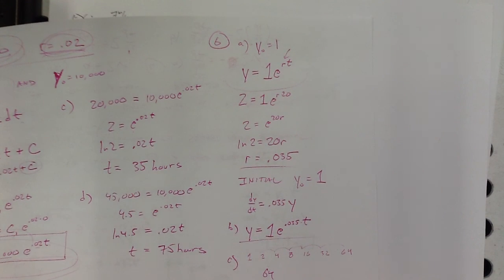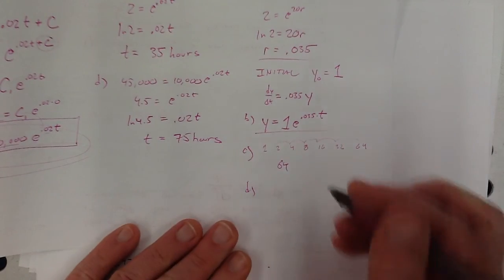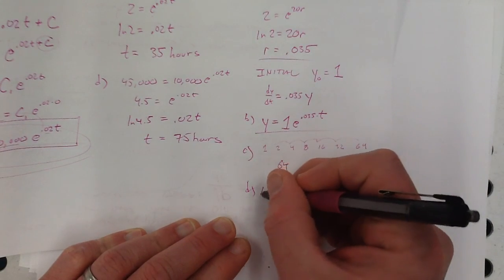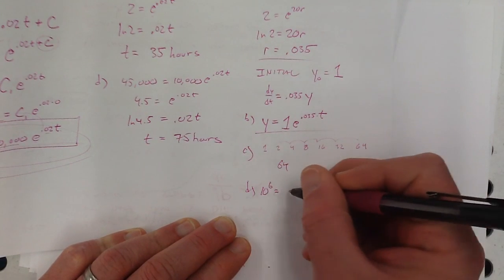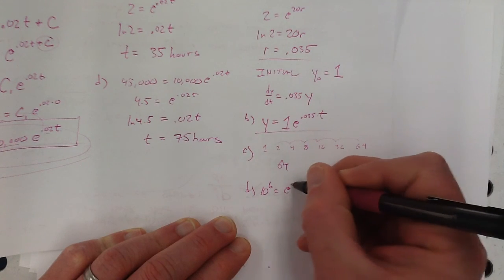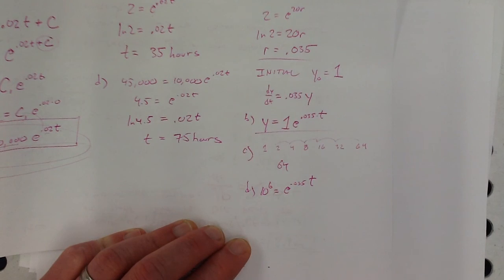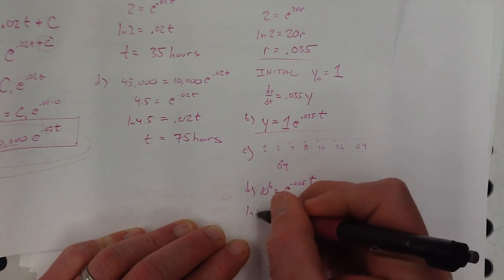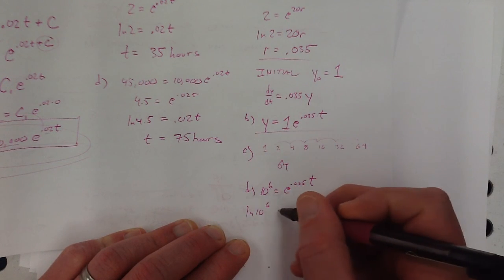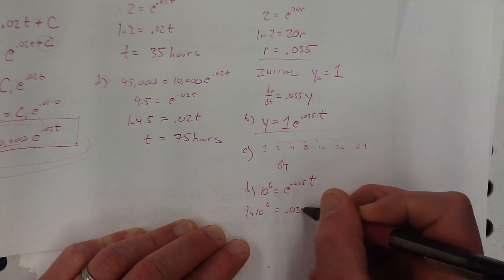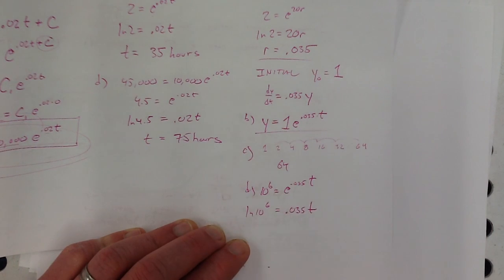And then part D, how long does it take for the number of cells to reach 1 million? All right, well, just plug in 1,000,000 here. 1,000,000 is 10 to the 6. That's equal to e to the 0.035 t, and we're trying to figure out what that time would be. So natural log 10 to the 6 is equal to 0.035 t. This is taking the natural log of both sides, so I can bring that down.